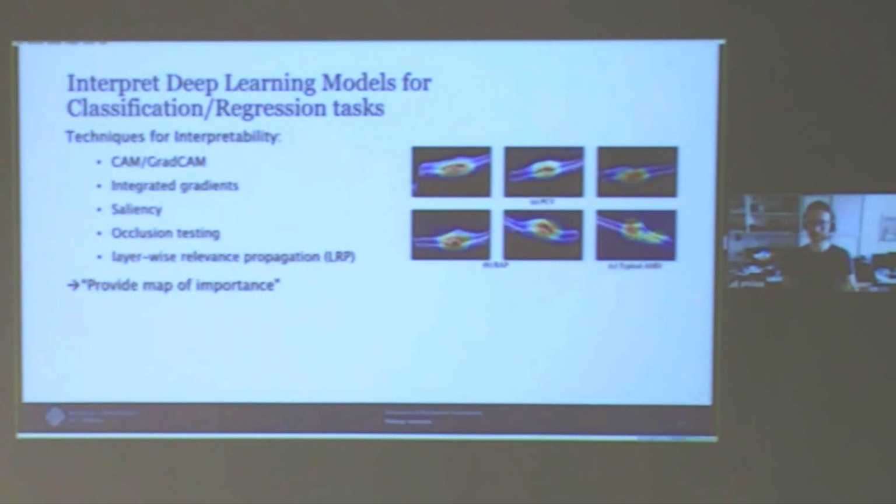And here in this example, we can see that the central part of the retina was the most important area for discriminating between those diseases. This is just an example which is not very exciting, to be honest, because this was already known before, but it illustrates the idea of analyzing a model and then deriving some conclusions from it with these techniques.